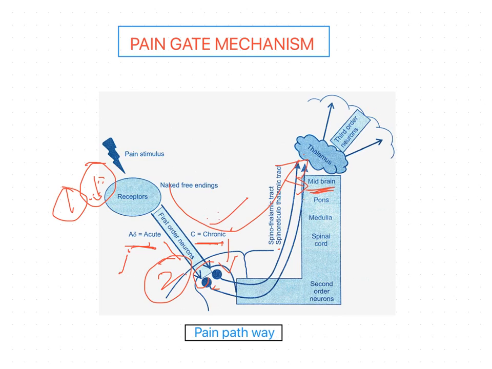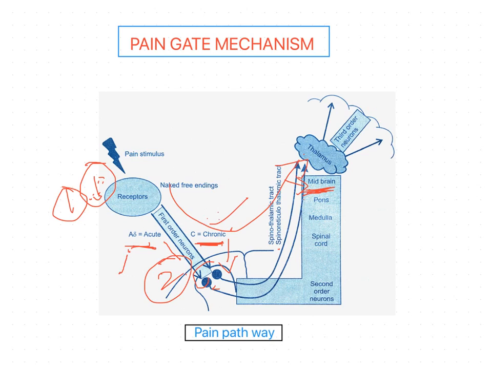So the collaterals coming from the midbrain will have a separate pathway which is going to suppress the pain stimulus carried by the C fibers.